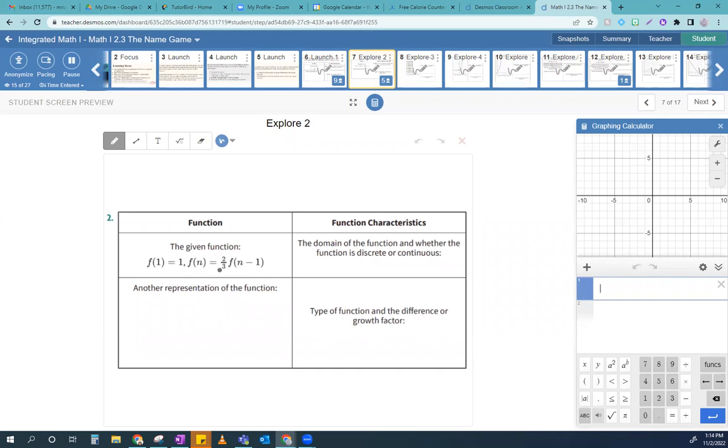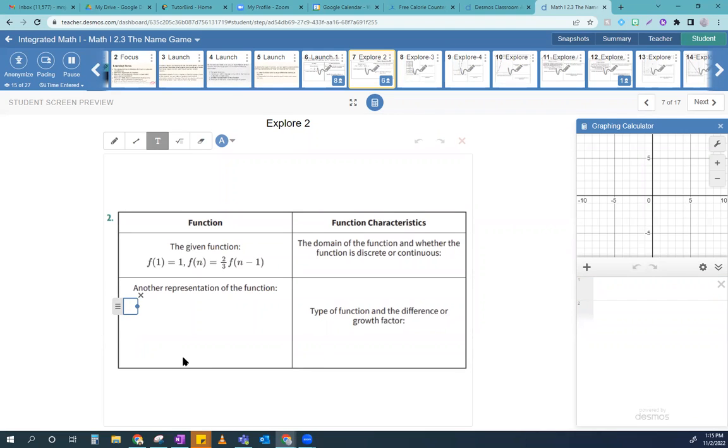Okay, is this a recursive function or an explicit function? Yes, it's recursive. So because it's recursive, then I'm going to start making a list of numbers. I'm going to make a sequence of numbers.